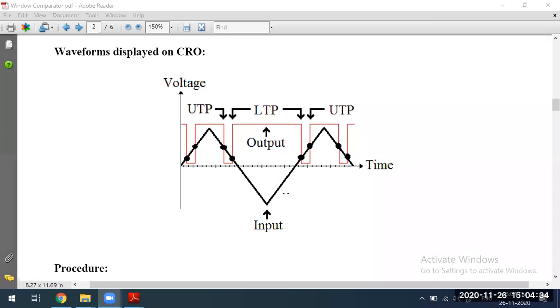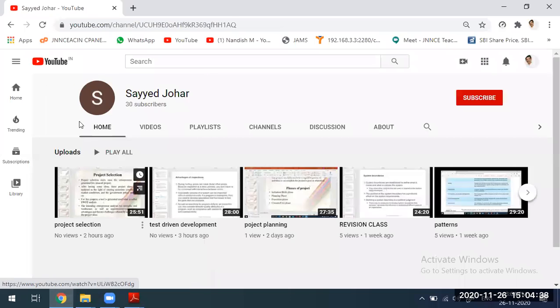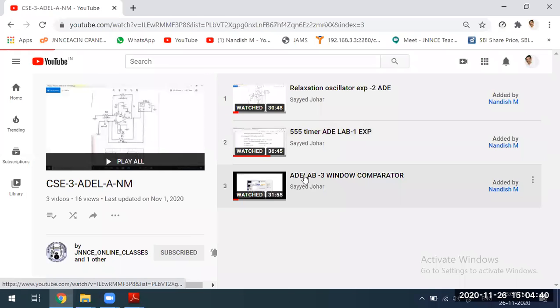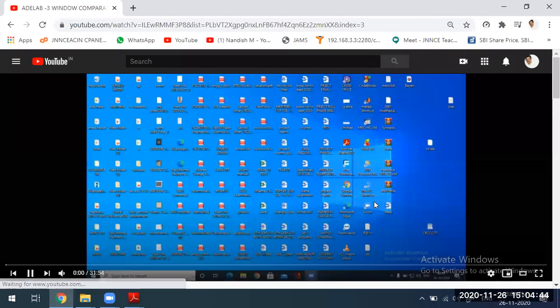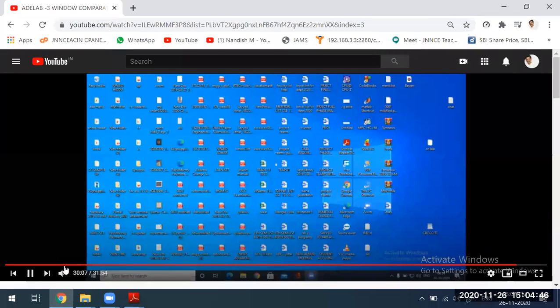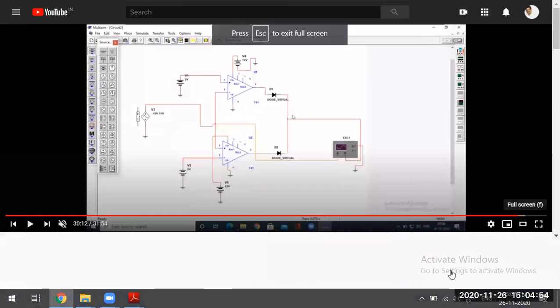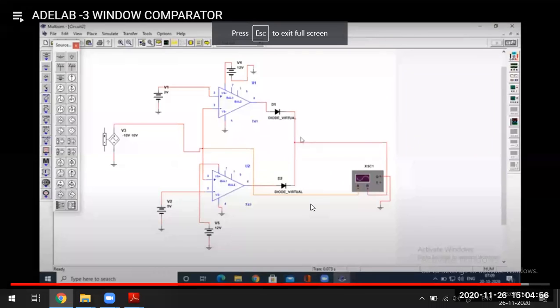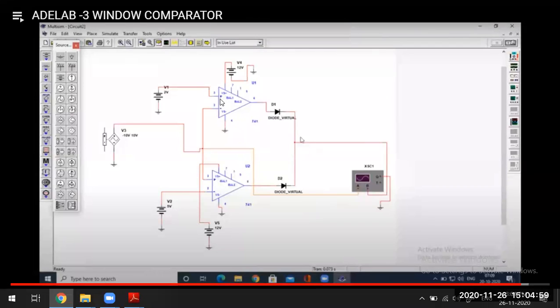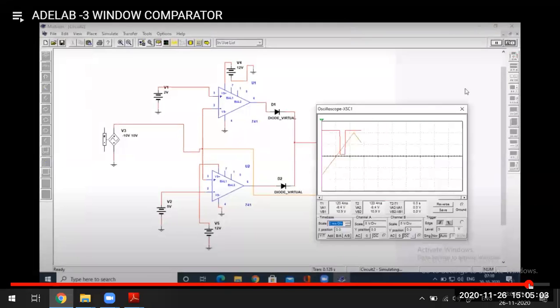This is the normal working, and that is what you have seen in the output. See here, this is what actually you are going to do in the hardware itself.